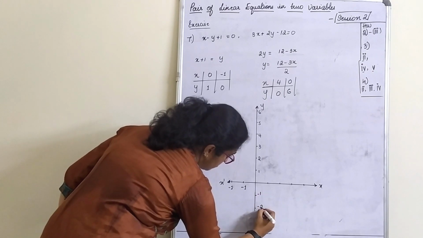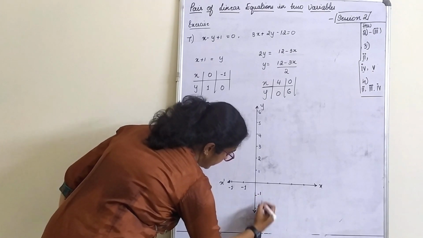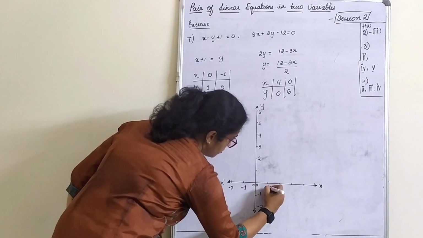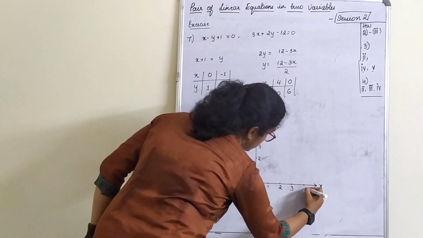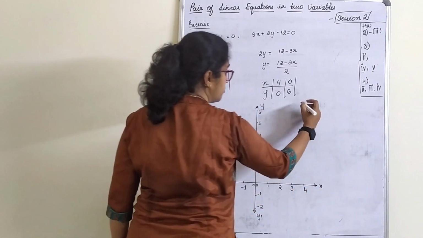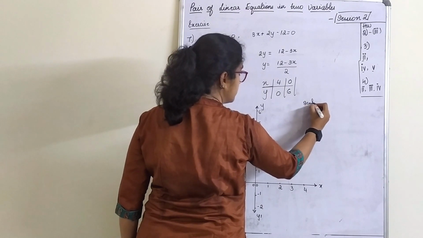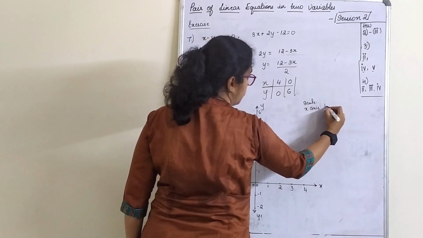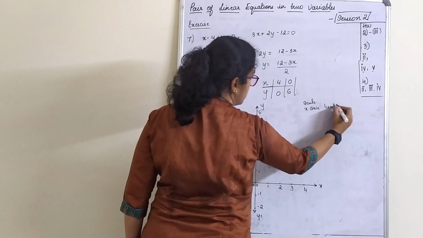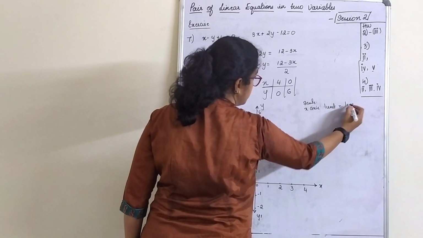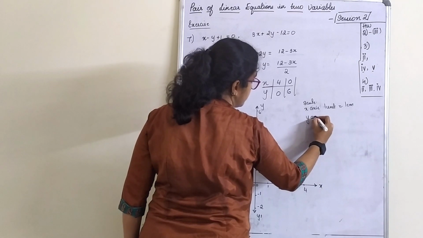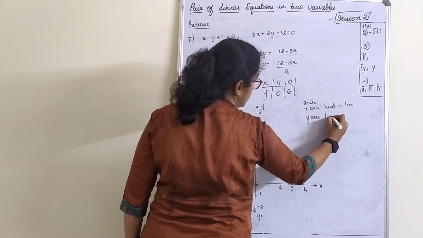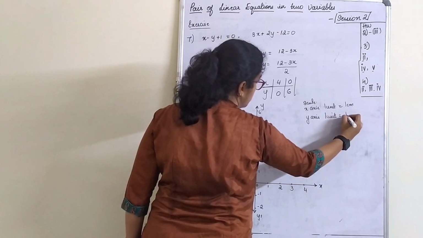Minus 1, minus 2. And this is y dash. 0 and 0. 1, 2, 3 and 4. Scale: to your right hand side you will write, x-axis, we have chosen 1 unit is equal to 1 centimeter. Y-axis, 1 unit is equal to 1 centimeter.